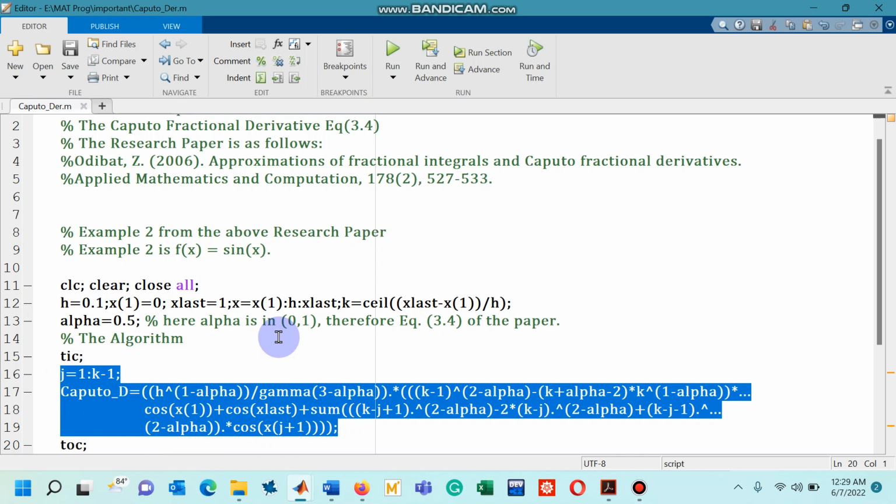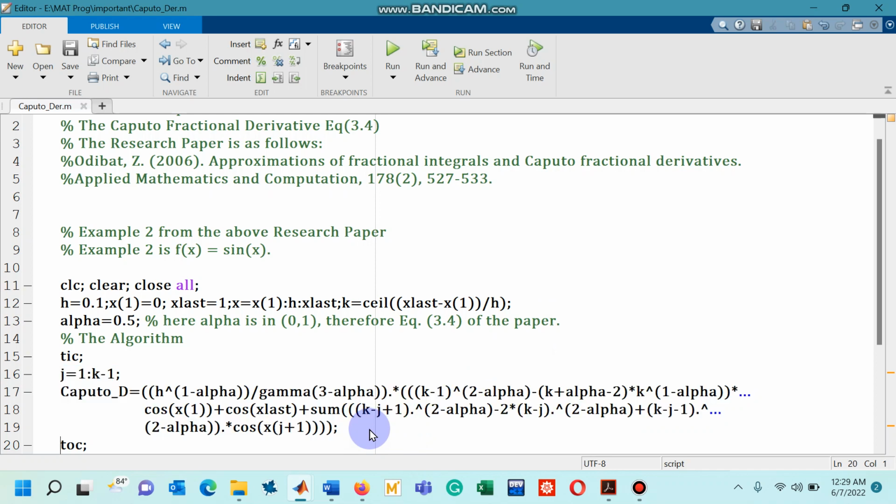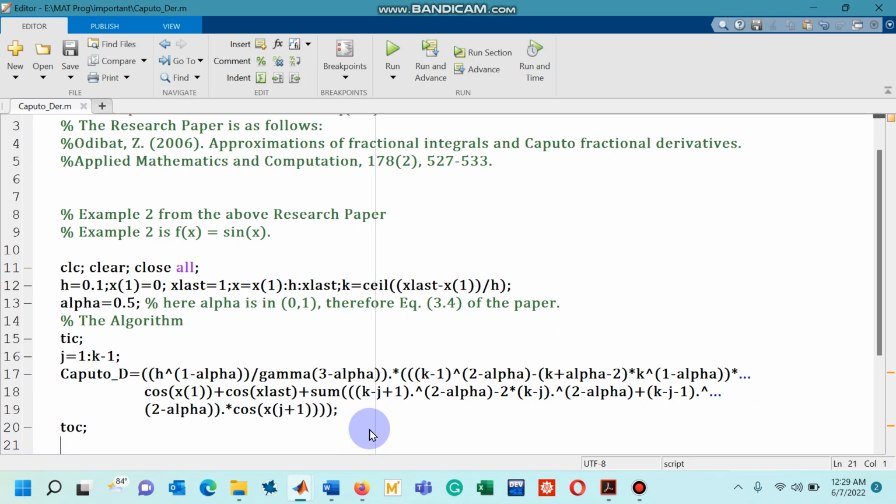If you compare these lines with the equation, the devised scheme in the research paper, you will see that I have written the similar terms. We have to be a little careful about the brackets. Apart from that, it is easy to write the scheme in MATLAB.